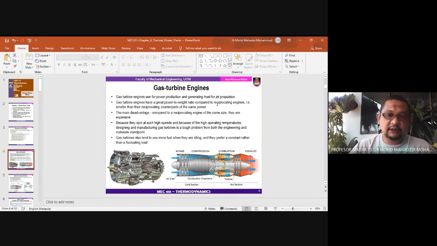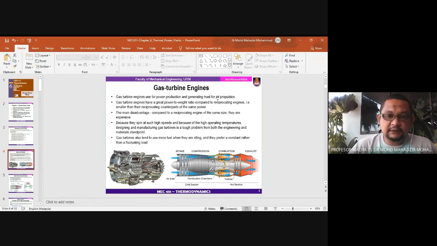But the disadvantage of the gas turbine engine, when we compare it to the reciprocating engine: reciprocating is a small size, but the gas turbine engine has a big size and is so expensive. Why?